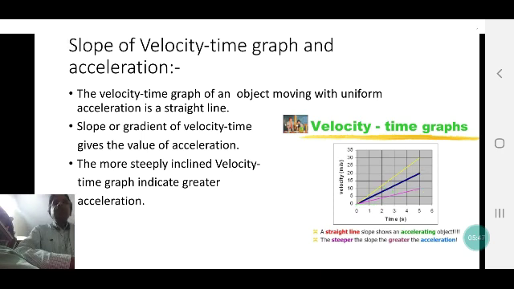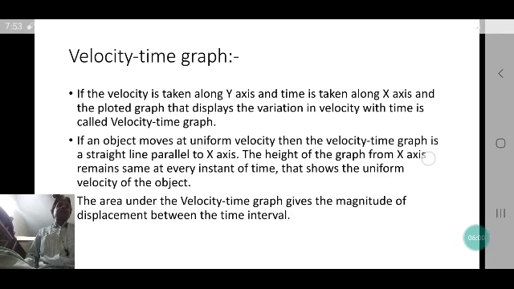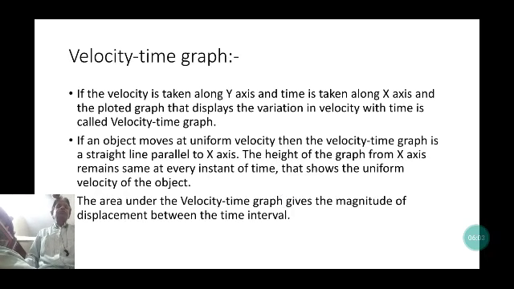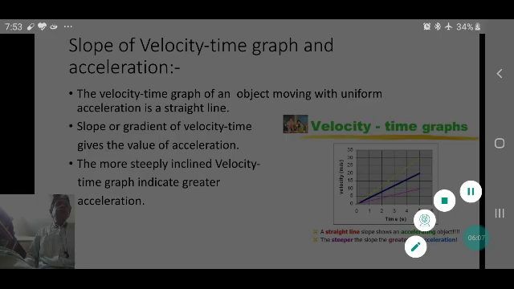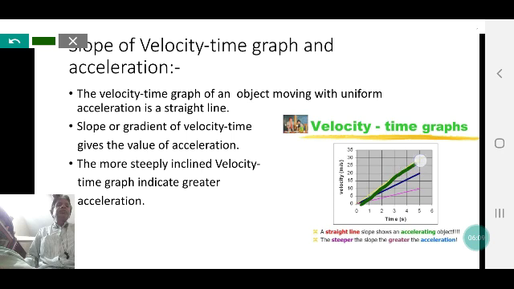Now look here. If an object is moving with uniform acceleration, the velocity time graph is a straight line. If the velocity time graph is a straight line like that, then we can interpret that the object is moving with uniformly accelerated motion.